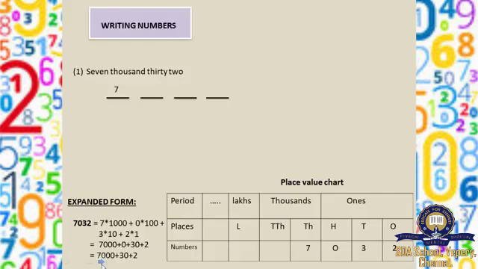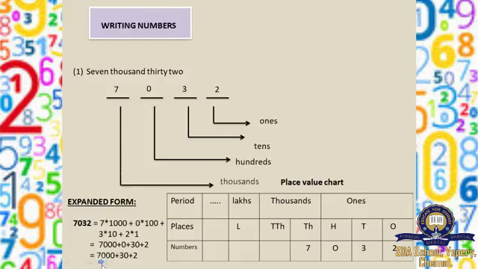In the hundreds place we do not have a number, so it is 0. Then in the tens place it is 3, and in the ones place it is 2. So the number will be 7032: 2 in ones place, 3 in tens place, 0 in hundreds place, 7 in thousands place.